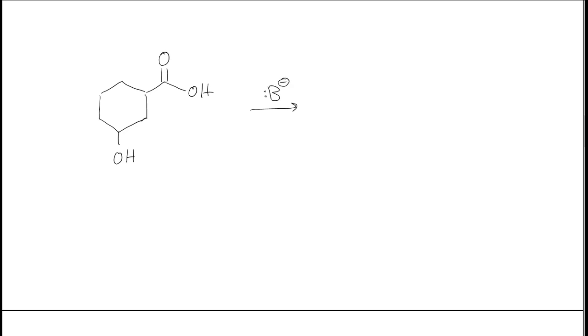Let's say you have this molecule on the left, and you want to know what its conjugate base is. In other words, if some base, we're calling B here, were to deprotonate this molecule, were to take one of the hydrogens off this molecule, what would be the resulting molecule that you would get?